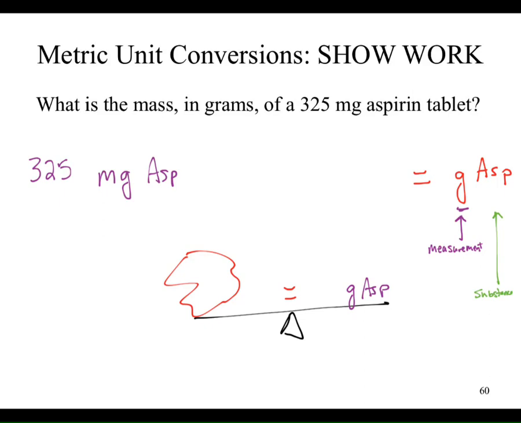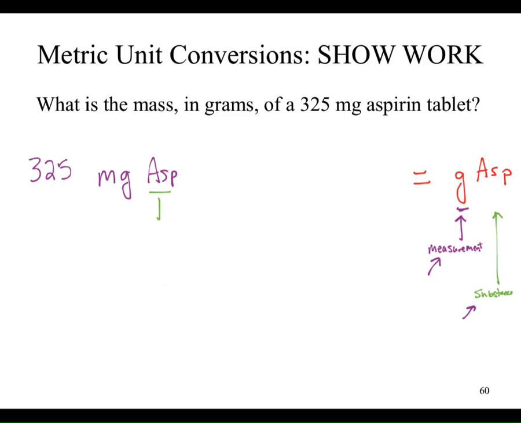So, multiple things I've got to look at in this conversion. Okay, the number is ultimately my answer, but how I get that number becomes the important part. To get that number, I have to make sure that the measurement and the substance are the same on both sides of the equation. And so when I look at the left-hand side of the equation, I may have the substance perfect, so that's good, but my measurement unit is not correct, so that's bad.